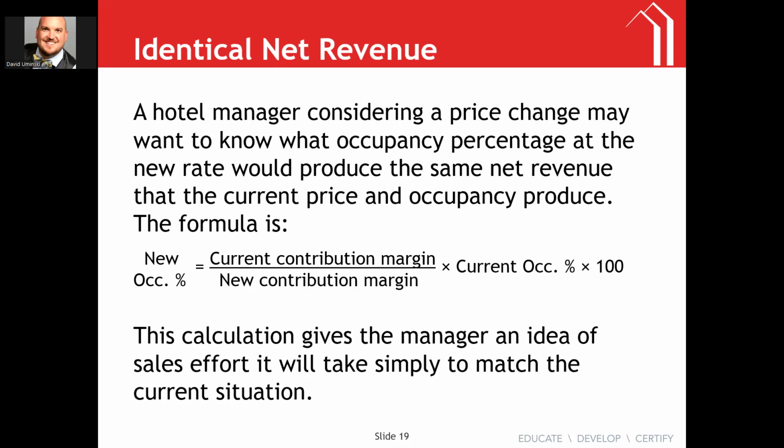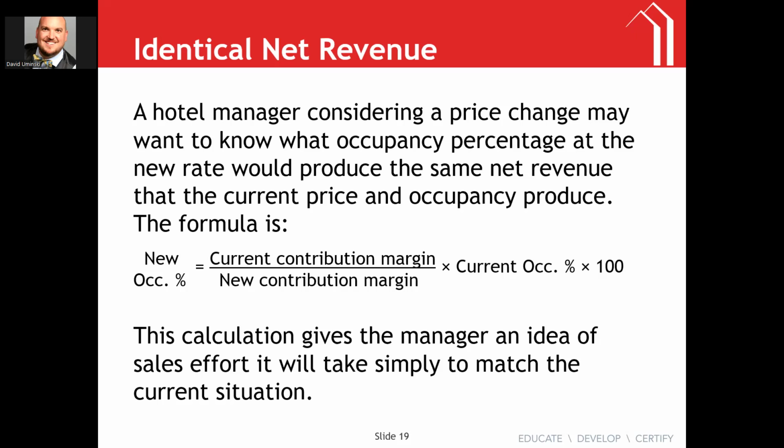So I'm going to consider dropping my rate a little bit. Maybe I'm overpriced and people are just bypassing me. And so I might drop my rate a little bit, but this formula is going to tell me what amount of occupancy I have to maintain to keep the identical net revenue, which means I'm not going to lose any more money.